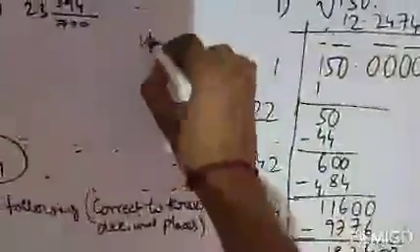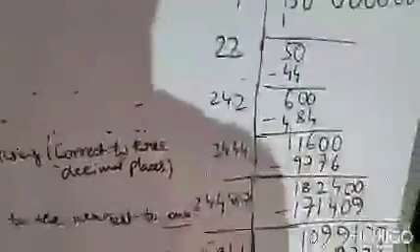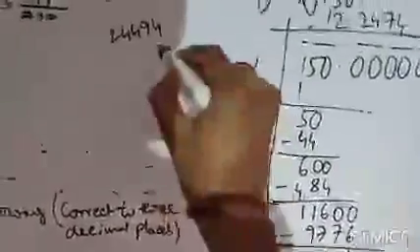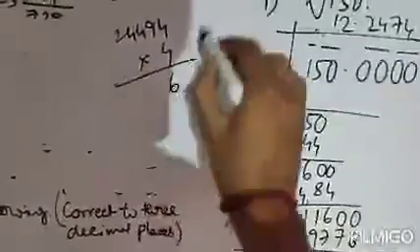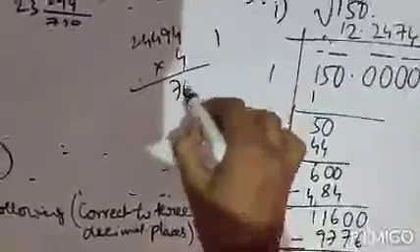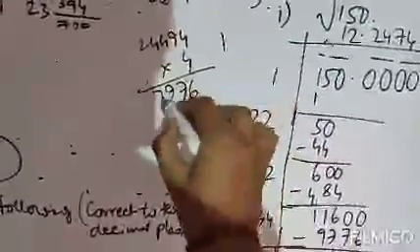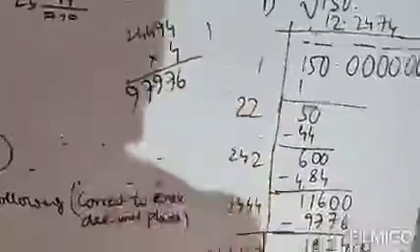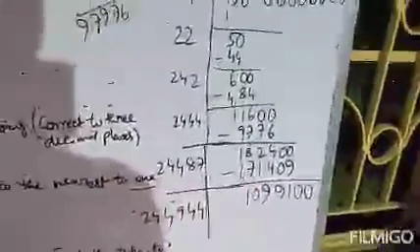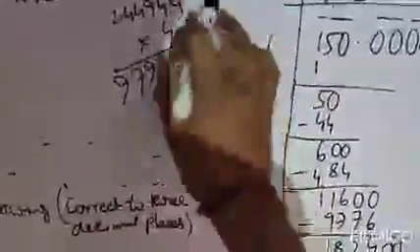Here is 244944 into 4. So it is 97976. And this is 244944.